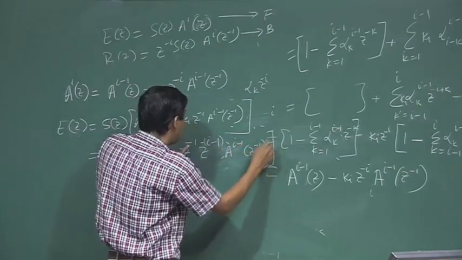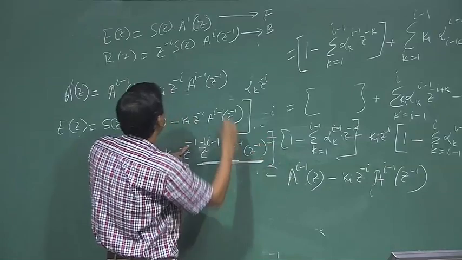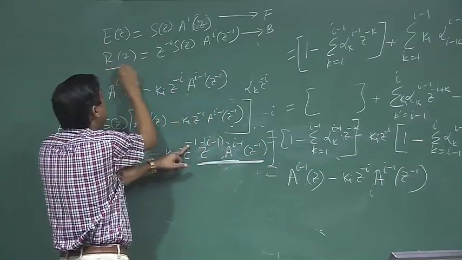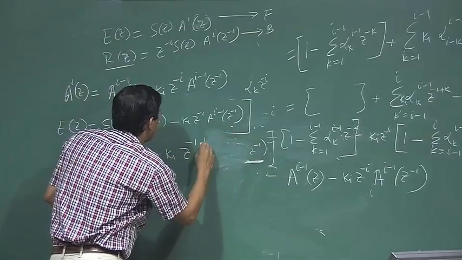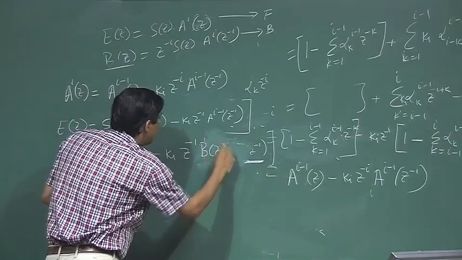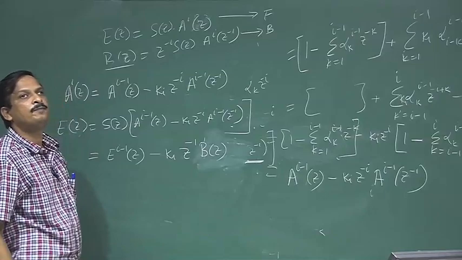If you see, this term is nothing but B i minus 1 z. So I can say it is nothing but z to the power minus 1 B z.